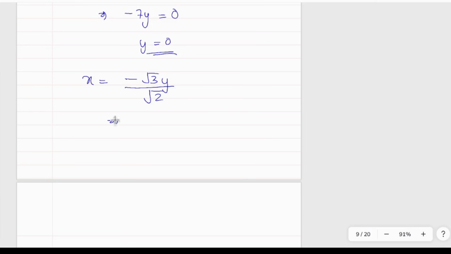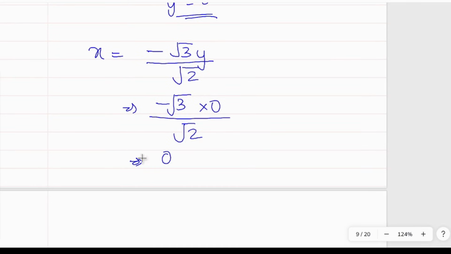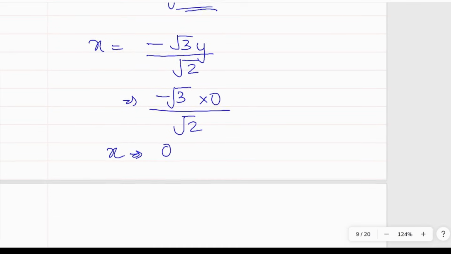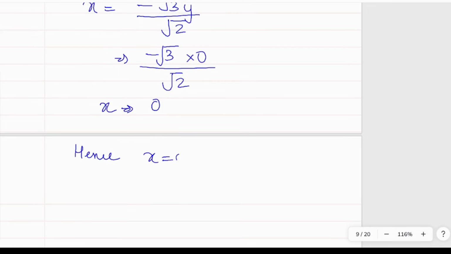Now, if I multiply the y there, my equation will become 0, right? So this value is going to become 0. Therefore, my x is also 0 and y is also 0. Hence, x is 0 and y is 0. Okay, understood?